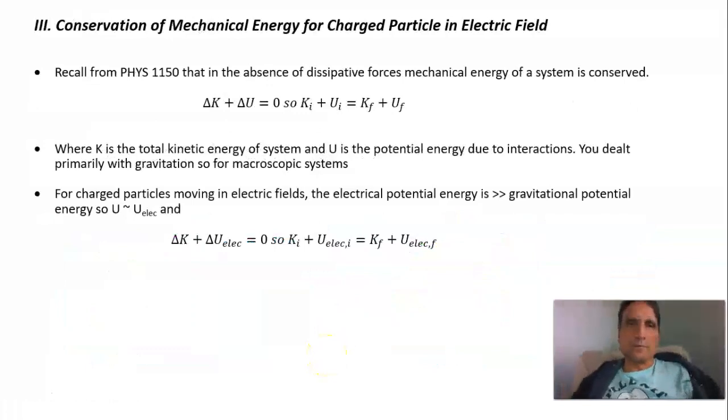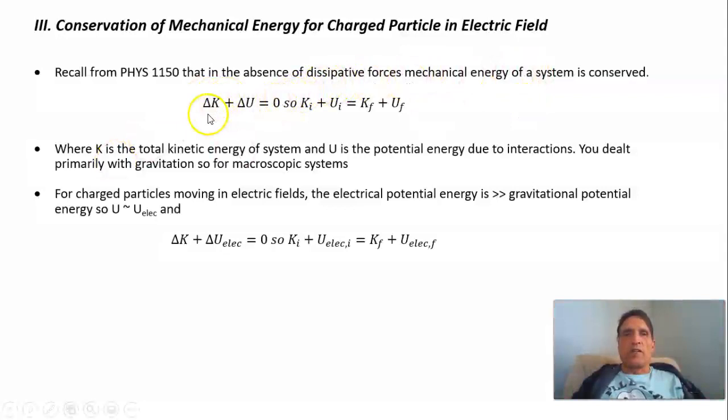So we're not going to derive this, but if you recall from Physics 1150, if you don't have any dissipative forces, like friction, and we define our system carefully, then the mechanical energy of the system is conserved, and so the change in kinetic plus the change in potential is zero.